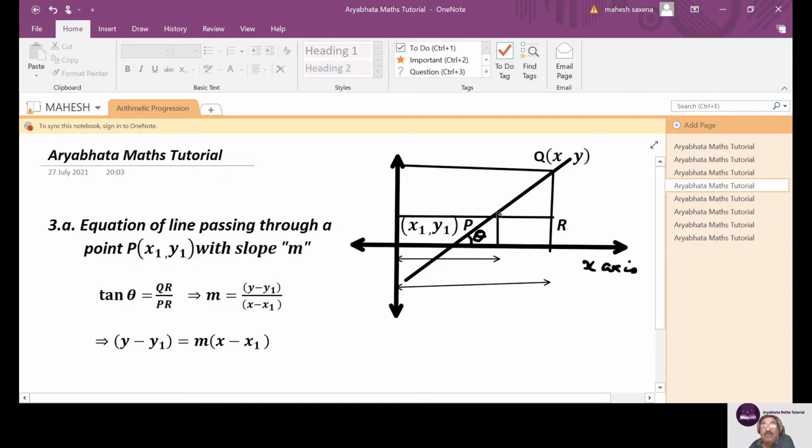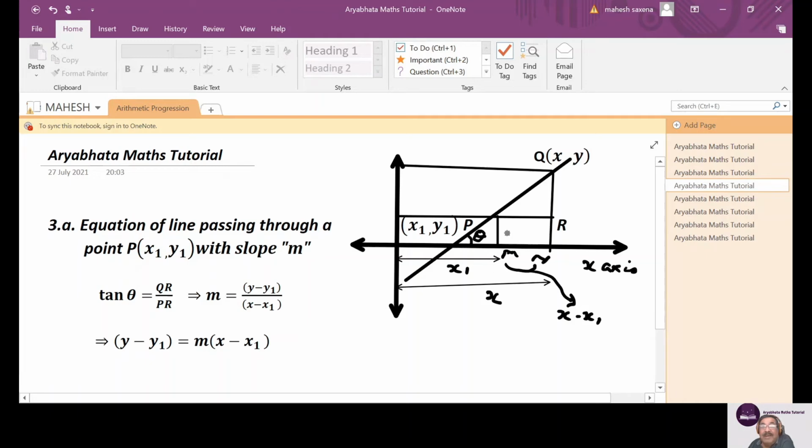Now draw perpendiculars from P and Q. Suppose they are M and N. Therefore, this distance will be x1 and this distance will be x. Therefore, the distance MN will be x minus x1. We also draw a line PR parallel to the x-axis which meets at R on this line.